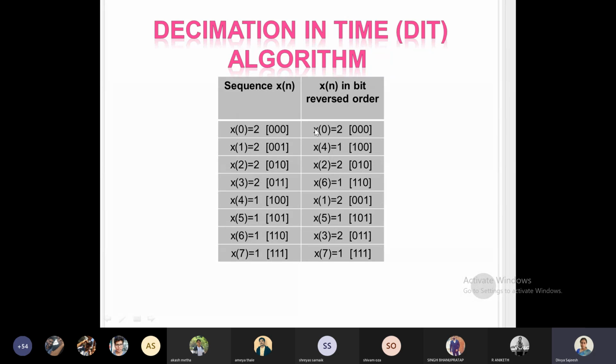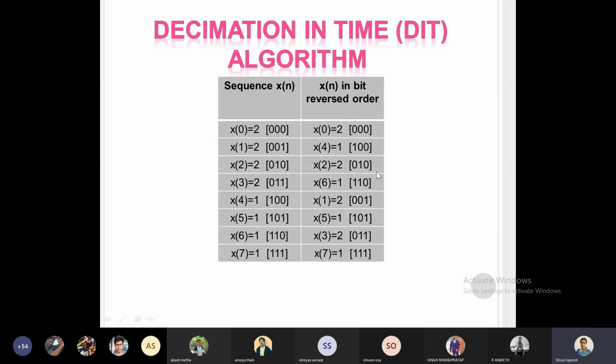So the first one, if I reverse it, there is no change. So the element will be as it is, x of 0. But the second element was 001. If I reverse it, it will become 100. So 100 is 4. That means x of 4 will come here in the next row. Third row, it is 010.